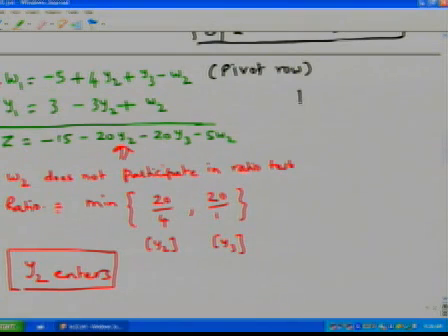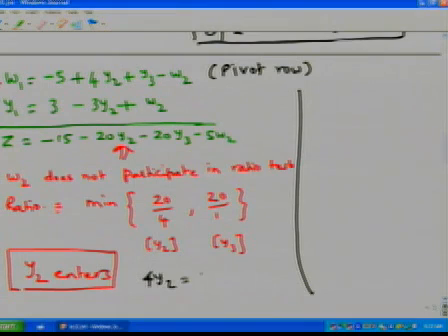Once again, you're going to use the pivot row, express Y2 in terms of W1, Y3, and W2, and that's easy. So you'll have 4 Y2 equals 5 minus Y3 plus W1 plus W2.